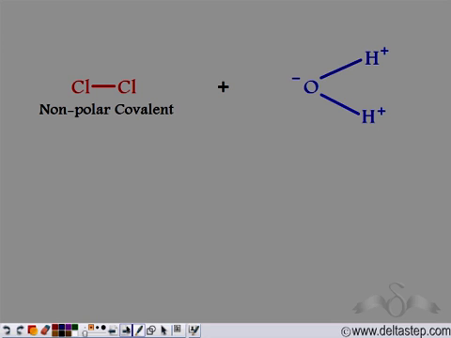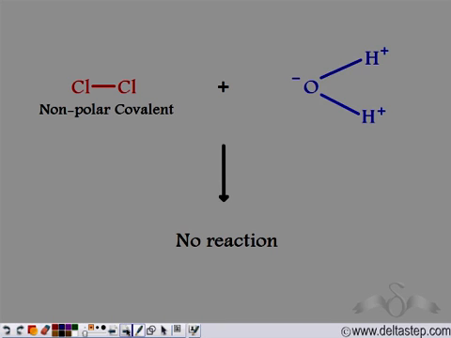So if it is made to react with water, the negative oxygen atom and the positive end, that is the hydrogen atoms, cannot separate the two chlorine atoms. So in this case, when we have a non-polar covalent compound, since there is no separation of charges, on reaction with water, the ions or the atoms do not separate out, so no reaction takes place.